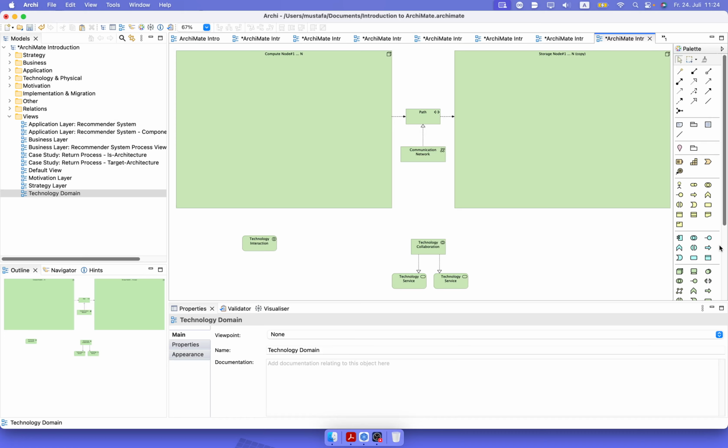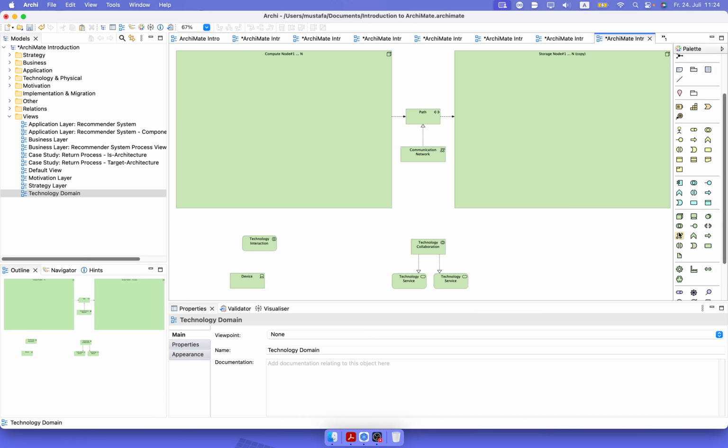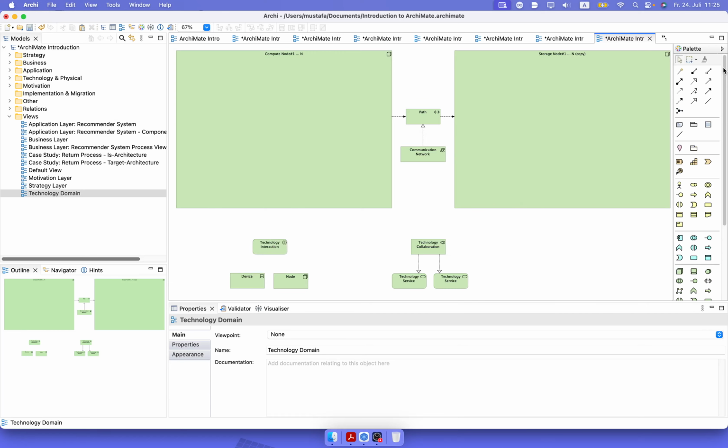And an interaction, let's choose a structure element. In this case, what could be the structure element in the application layer? Two devices, or device and a node. These don't perform behavior, so these should be structure elements. And see realize.